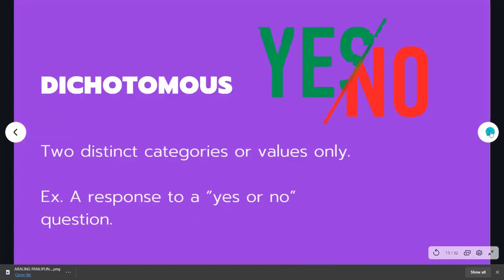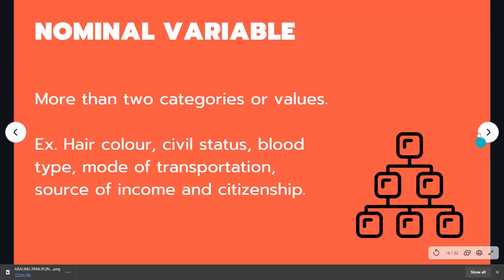The first one is the dichotomous variable. This variable represents only two categories. Example, a yes or no question, or a true or false, or in terms of biological sex, male and female. Okay? So, only two categories. Next will be the nominal variable.